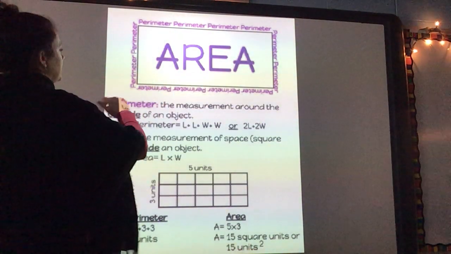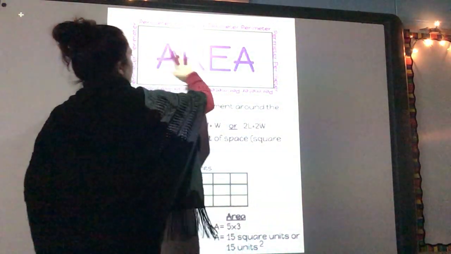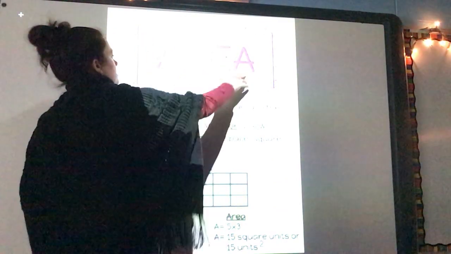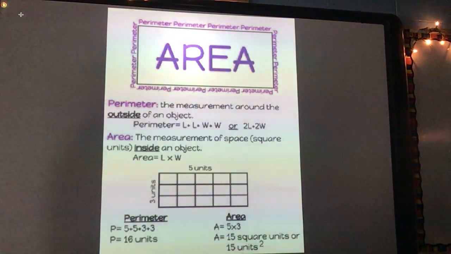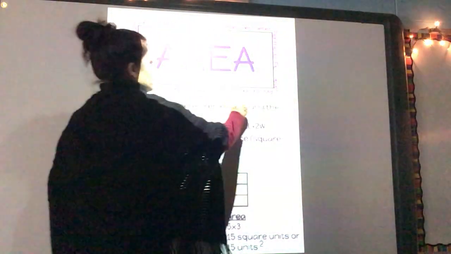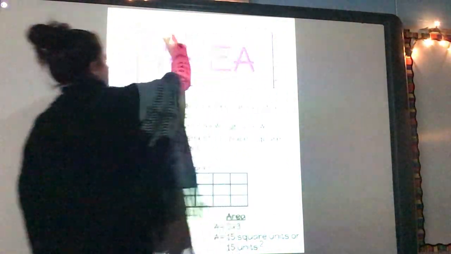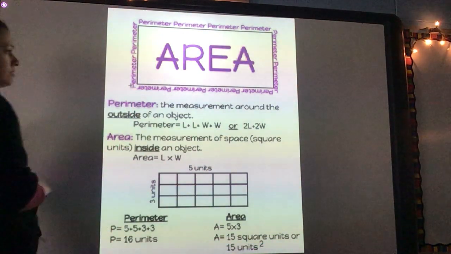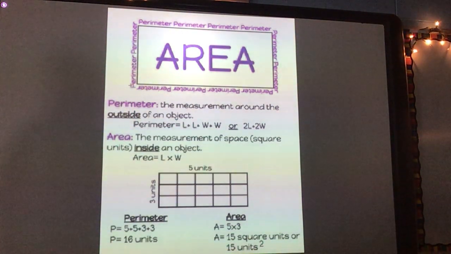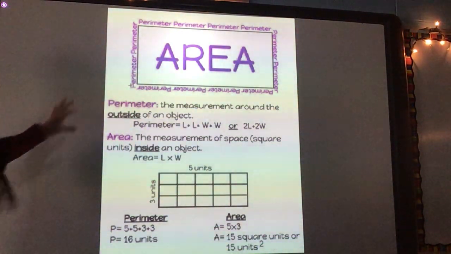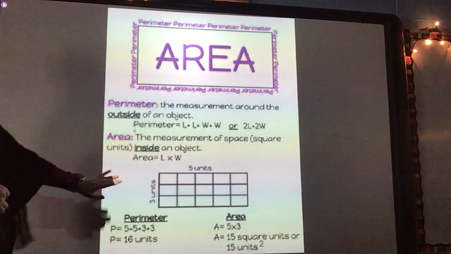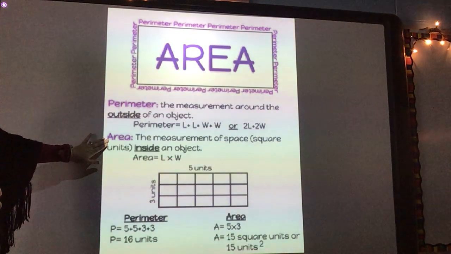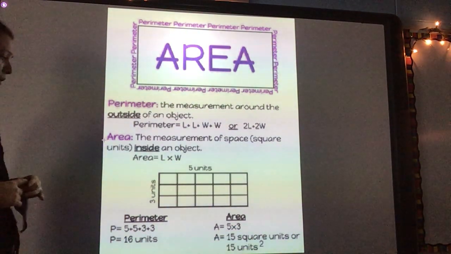So they have this rectangle here. Area is everything inside. So that's why they wrote the word area inside the rectangle. And perimeter, they wrote along the outside because that's what the perimeter is, the outside of the shape. Okay? They put our formula for perimeter, which we have used before. And then we have our formula for area with a nice example.